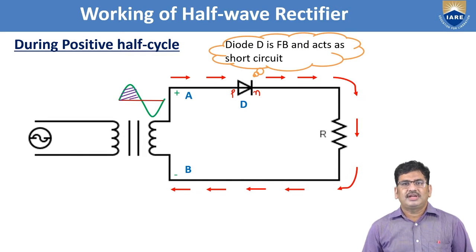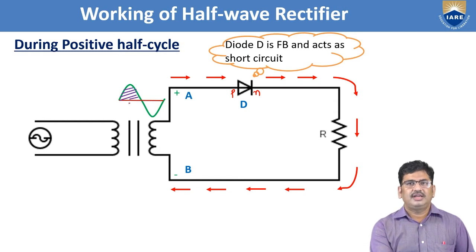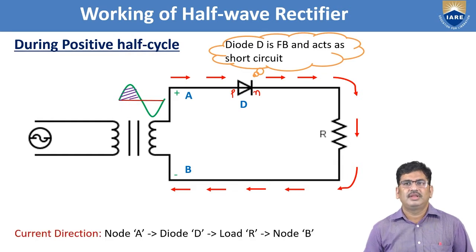In the ideal case, we consider the voltage drop across the diode to be 0 volts. So whatever input you apply, the entire input voltage will appear across the load resistance R.